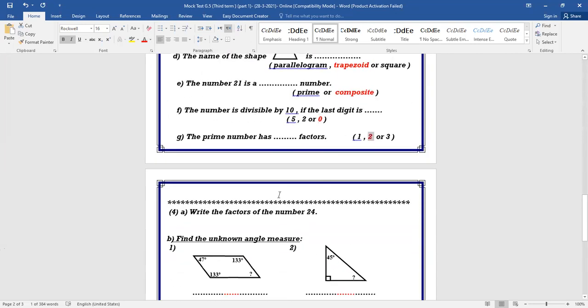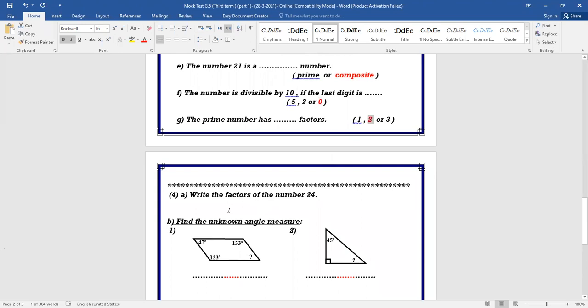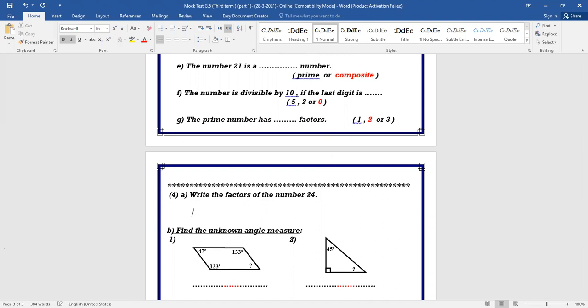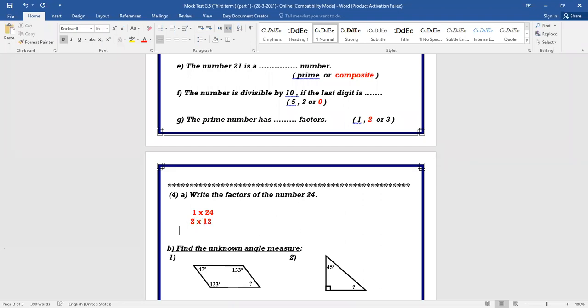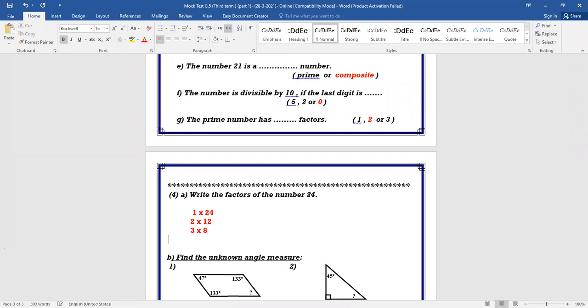Now write the factors of the number 24. Factors of 24: 1 multiplied by 24. 2 multiplied by 12. 3 multiplied by 8. 4 multiplied by 6.